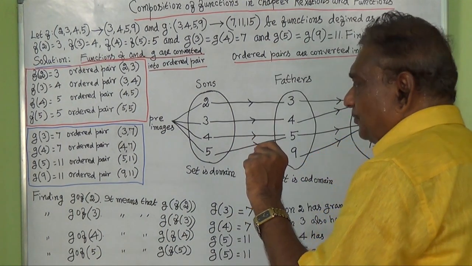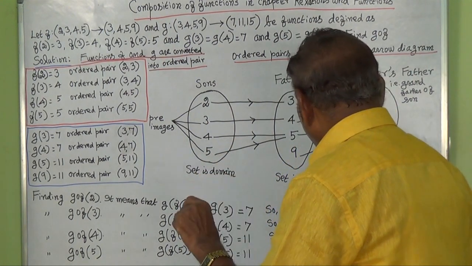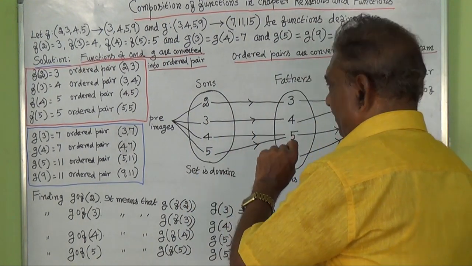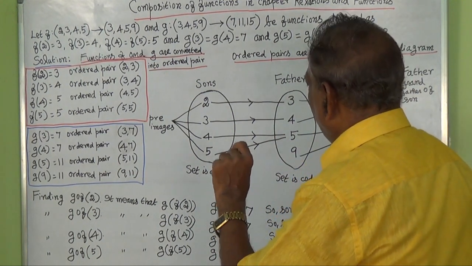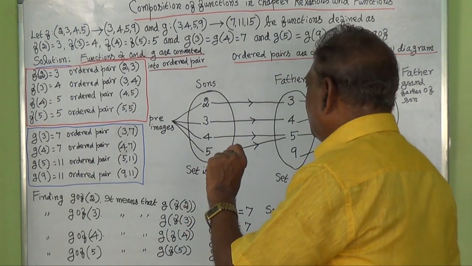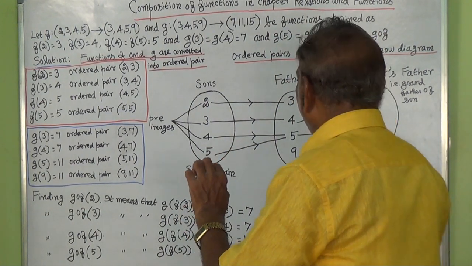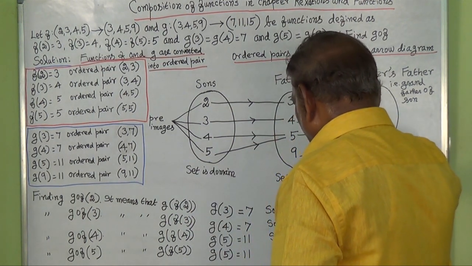For understanding purposes, we have imagined son, father and grandfather. Strictly speaking, each element of the domain, that is pre-images, are related to the images of the codomain.